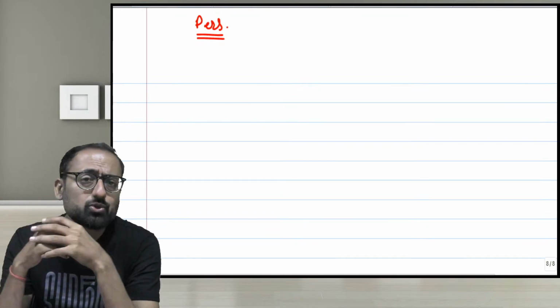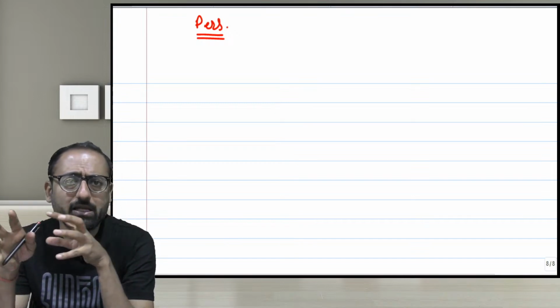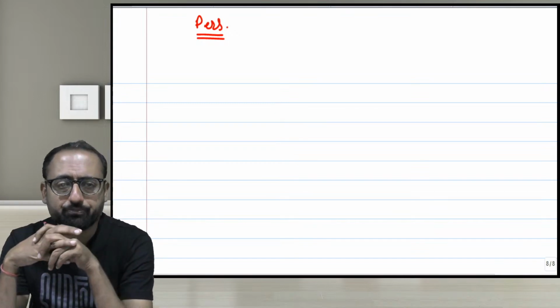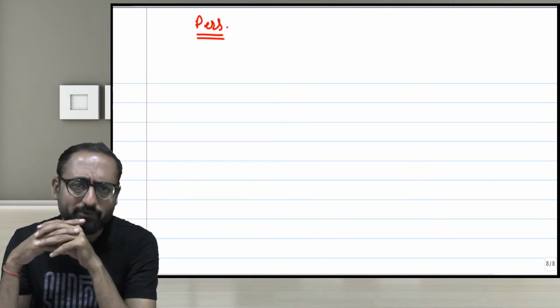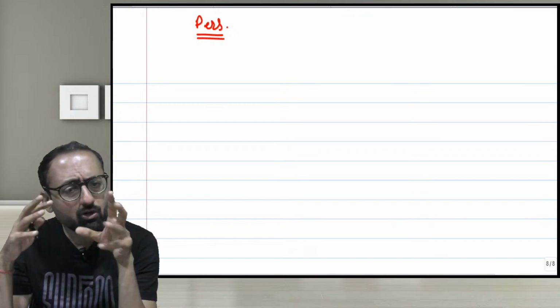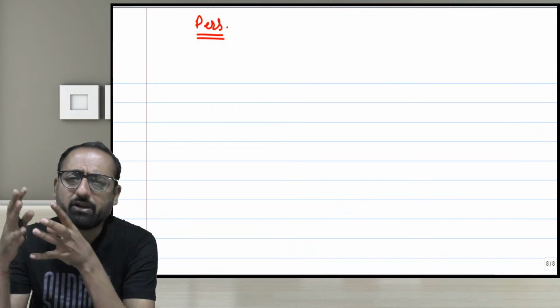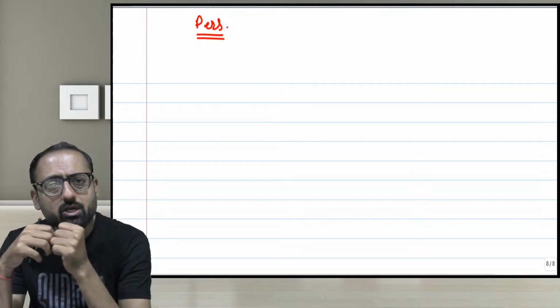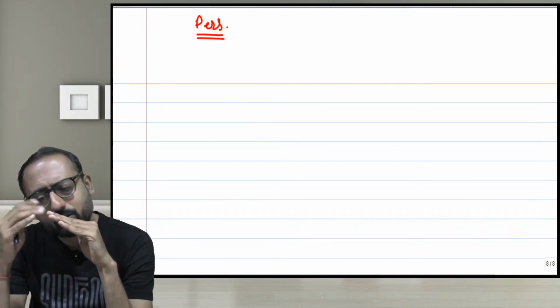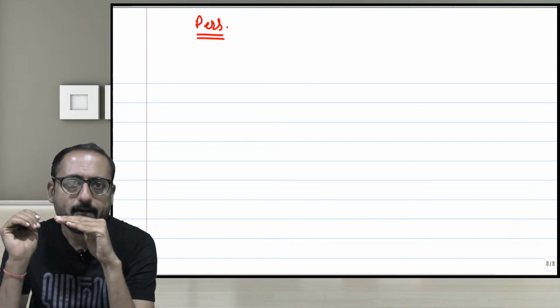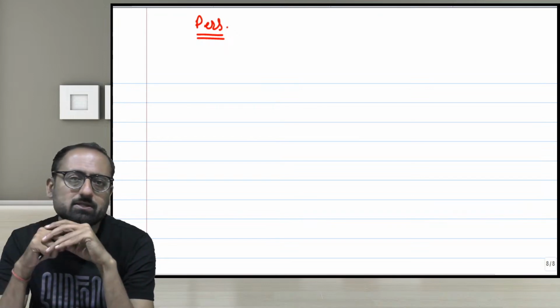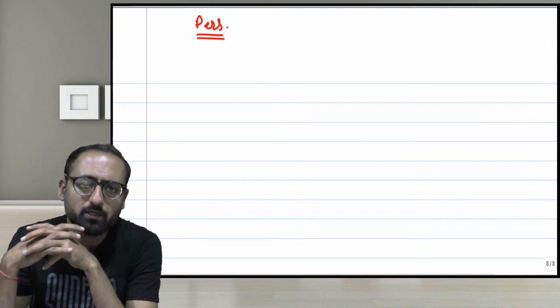Next one, health issue. As I told you, permanent incapacity, health issue. There are circumstances where workers are not satisfied with the working conditions. Next, you are paying less wages as compared to industry norms. Your competitor is paying more wages, so workers are shifting to that company.